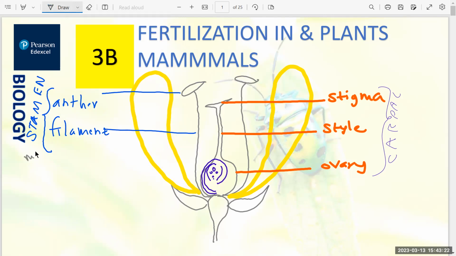It's a male. This one is a female one. Okay, then the base is called a receptacle, and this one is a sepal, and these are called petals.